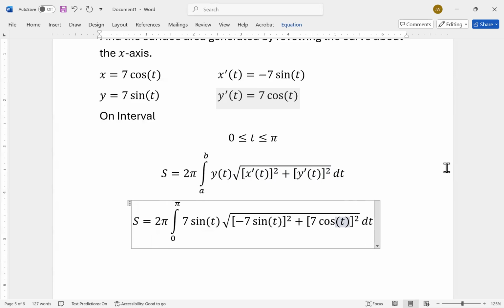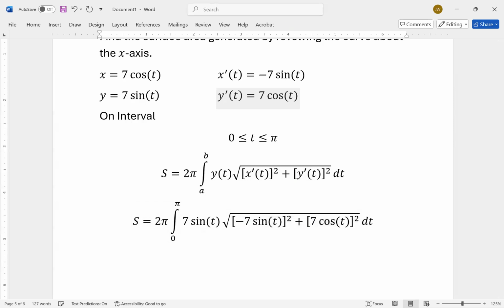Now, this is something you can actually do really quickly by hand if you want, because when you get this, you get 49 sine squared plus 49 cosine squared. Sine squared plus cosine squared is 1. So you get square root of 49, so you get an extra 7. So you get 49 times sine of t integrated from 0 to pi times 2 pi.